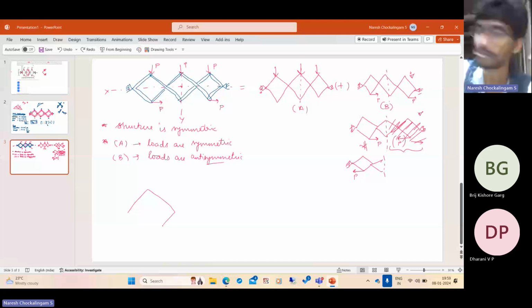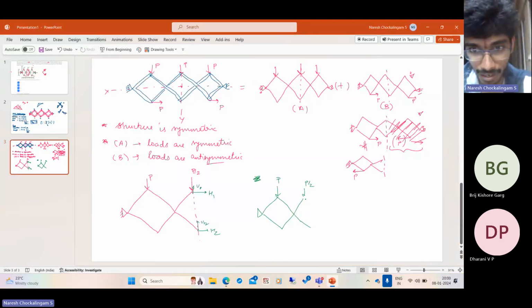So is this symmetric? If the structure is symmetric, it means if I look from the other side, I should see the same thing, right? If I look from the other side, the structure looks something like this. But from the back side, the loads are the same, P/2.